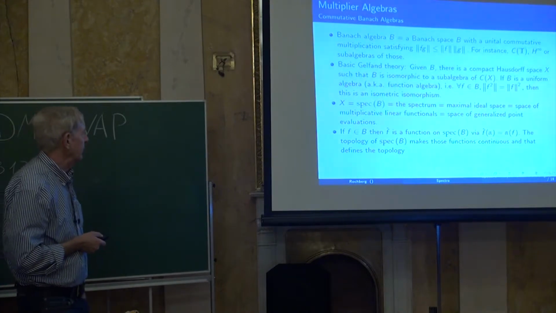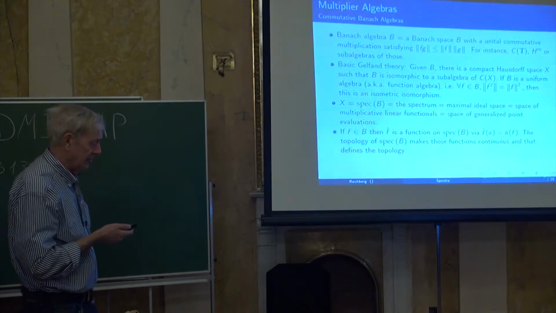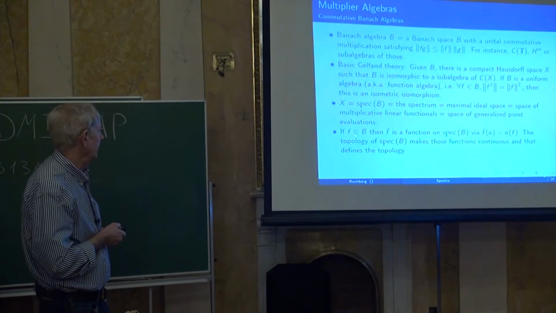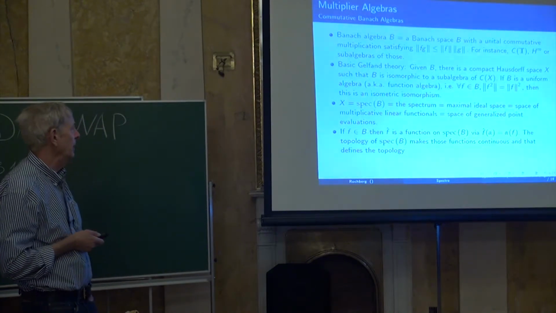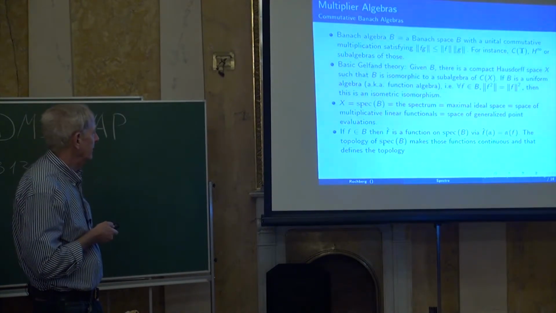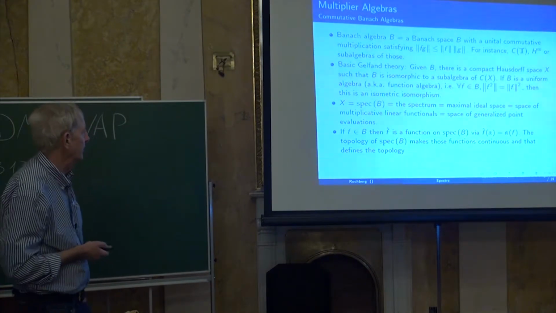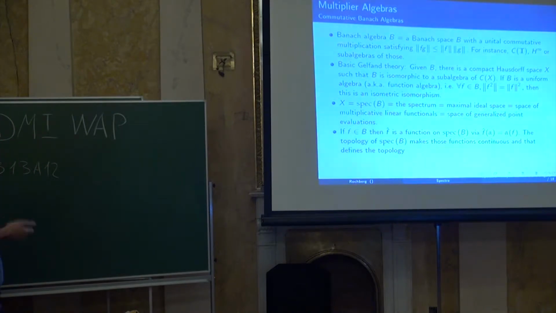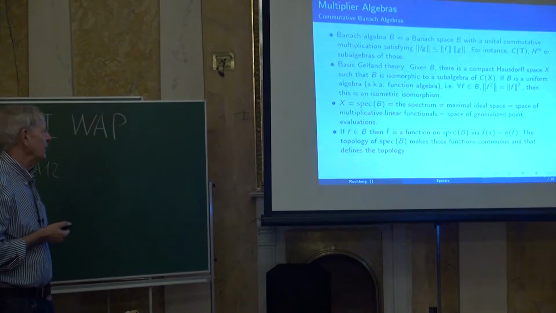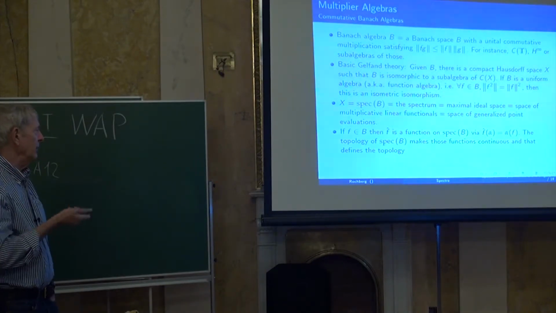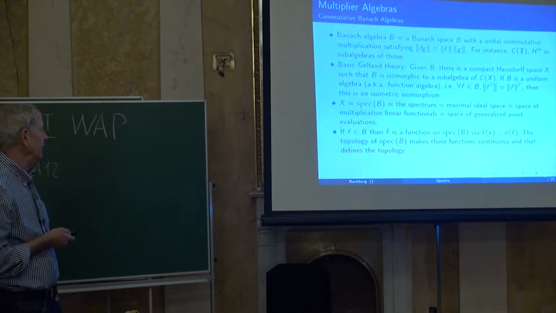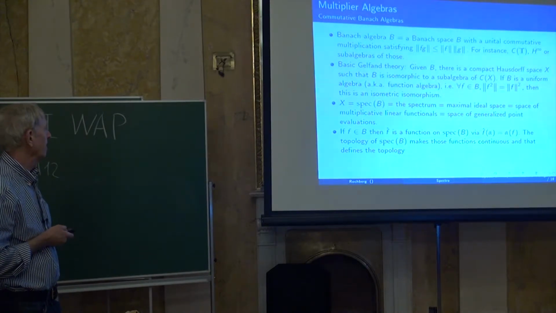Once you have this spectrum, the functions f in the original Banach algebra B are functions on the spectrum: the value of f at the linear functional A is the linear functional applied to f. So it's an almost tautological definition. And the topology on the spectrum makes all these functions continuous; namely, you require those functions be continuous, and that gives you the topology.